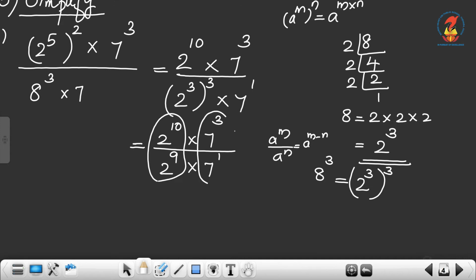We can apply the same law for the next term also, 7 raised to 3 by 7 raised to 1. So, when you apply the law, what will you get? 2 raised to 10 divided by 2 raised to 9 means 2 raised to 10 minus 9, into 7 raised to 3 divided by 7 raised to 1, 7 raised to 3 minus 1.